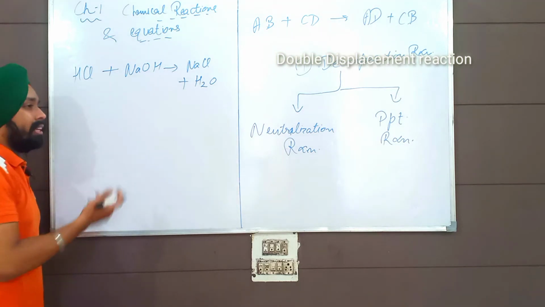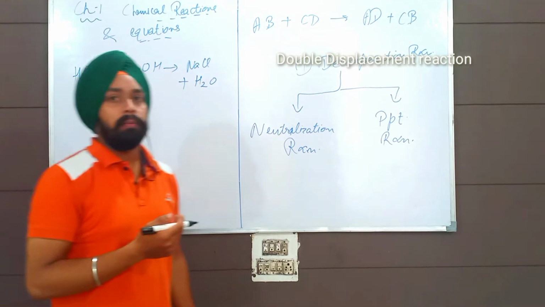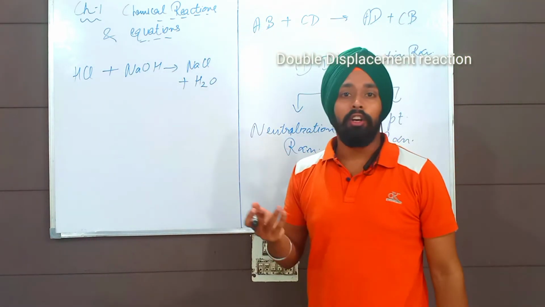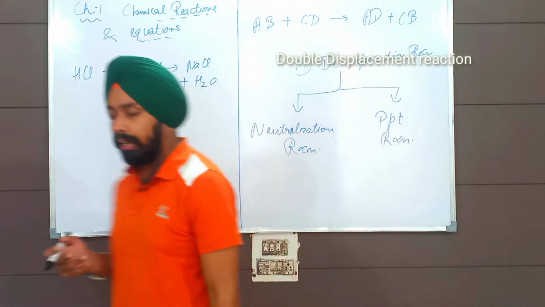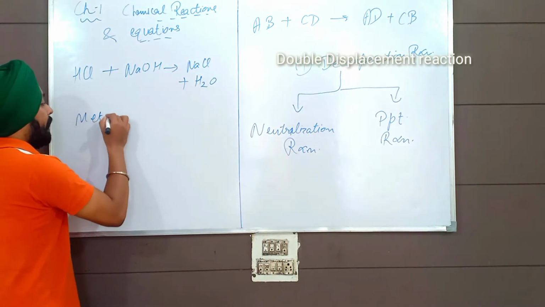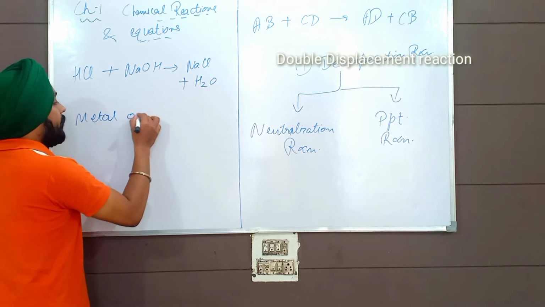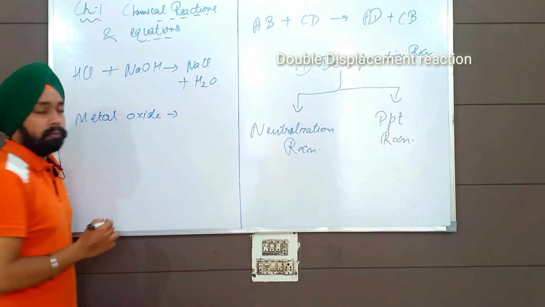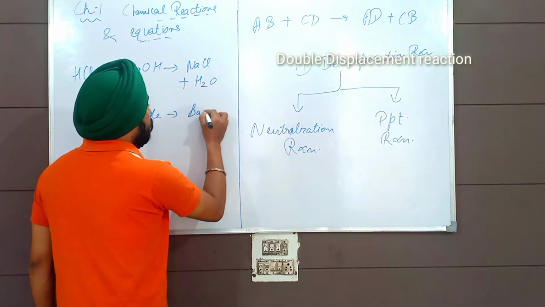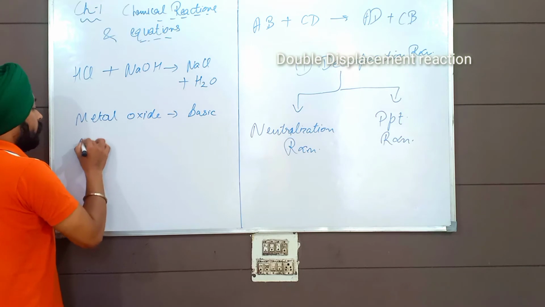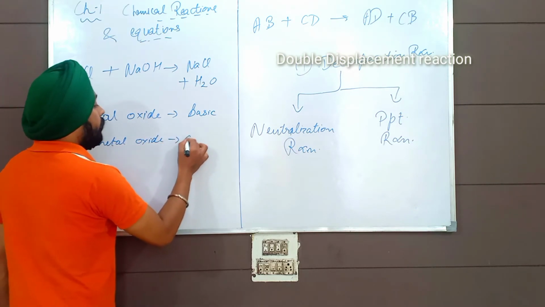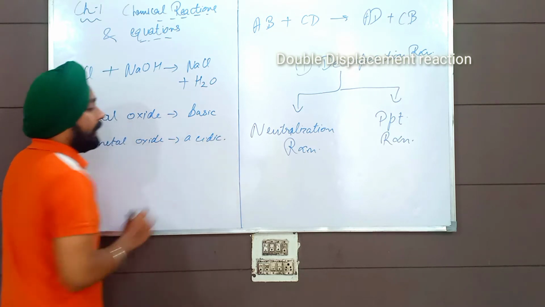In a similar way, I can take the example of metal oxide or non-metal oxide. We have done that metal oxides are basic in nature, and non-metal oxides are acidic in nature.